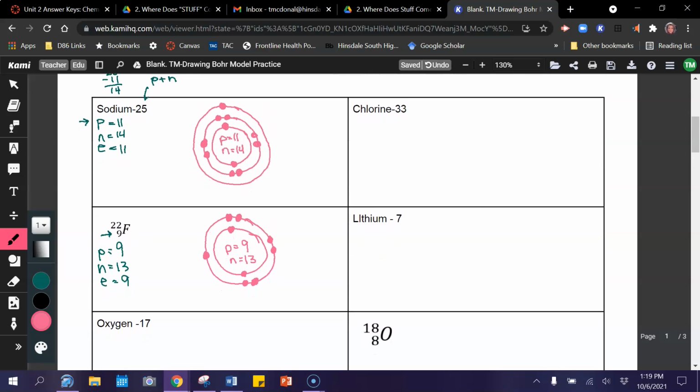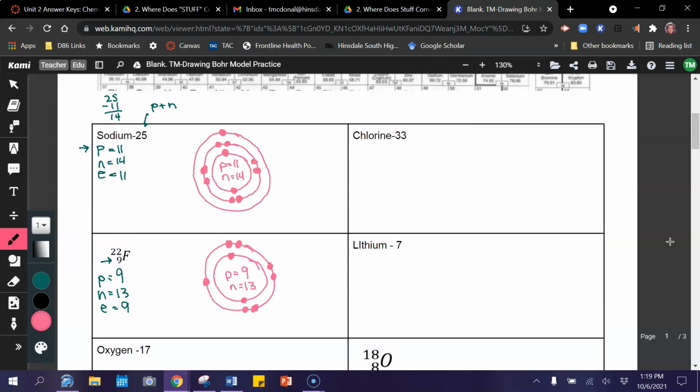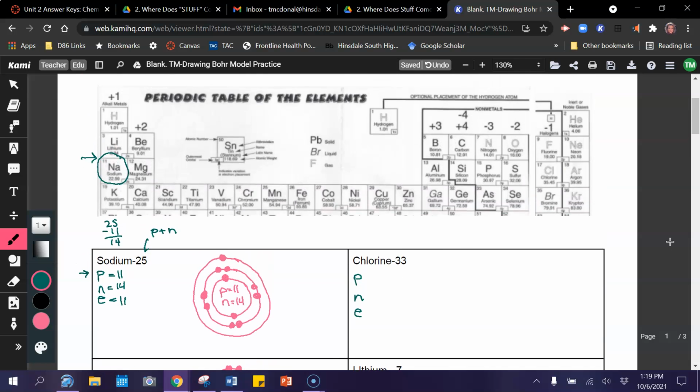Let's try one more. Let's try chlorine 33. So again, you need to find protons, neutrons, and electrons. And the protons for chlorine, I can't tell just from looking at the name here, but if I find chlorine on the periodic table, I can see that I have 17 protons because of the atomic number that I have there, and that matches the number of electrons.